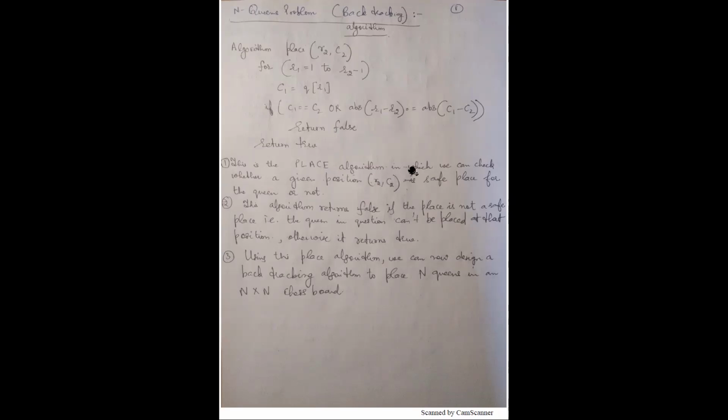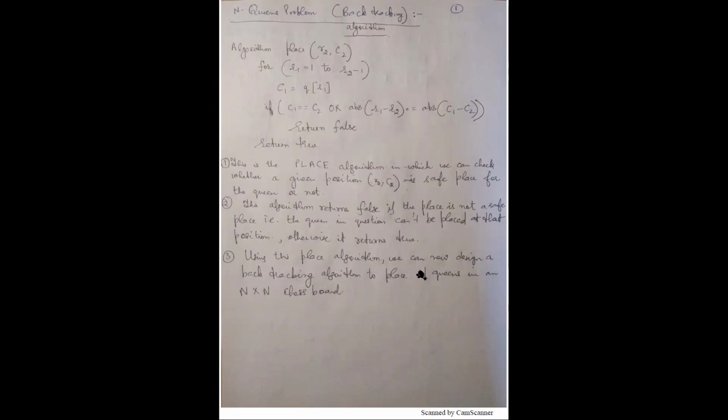So this is the place algorithm in which we can check whether a given position is a safe place for the queen or not. The algorithm returns false if the place is not a safe place, that is, the queen in question cannot be placed at that position, otherwise it returns true. That means that's a safe place for the queen to be placed.